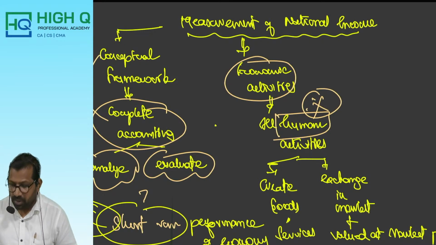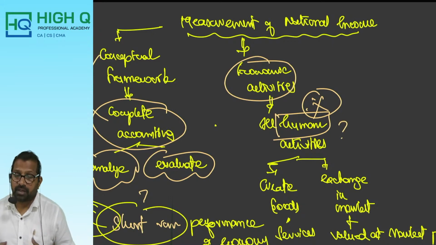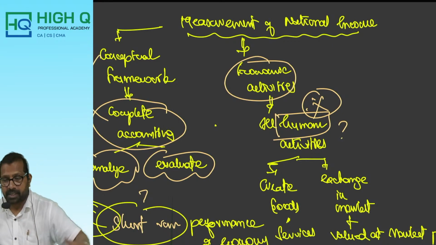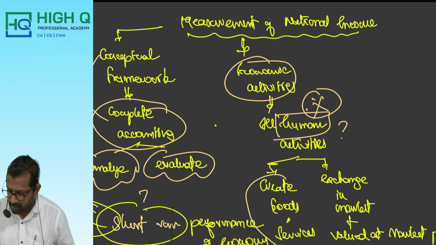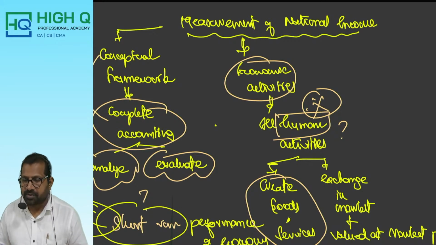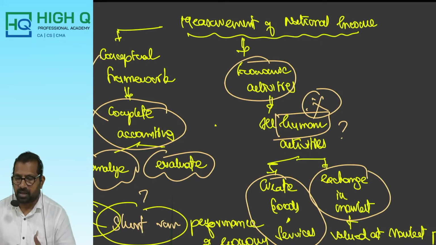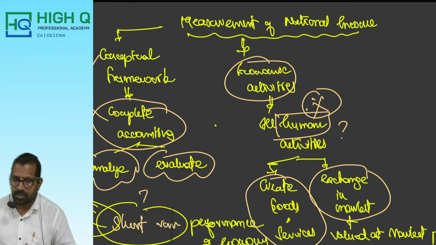Now you may have a doubt, sir, what type of activities are to be included to measure the national income? Point number 1, to create goods and services. To create goods and services means production is very much important, as well as exchange in the market, the factor cost as well as the market price is very much important.